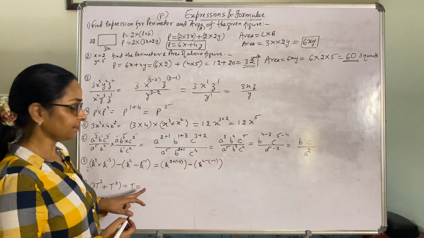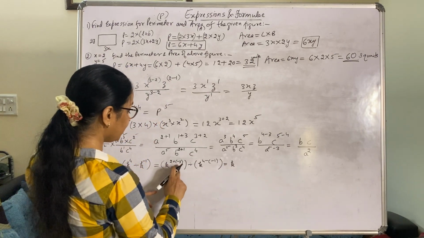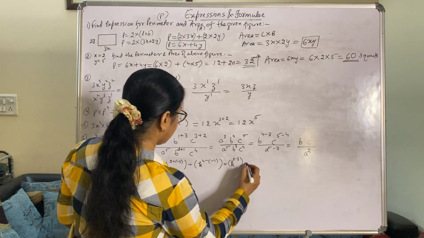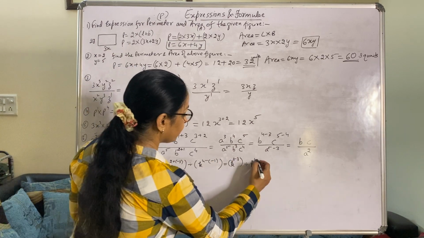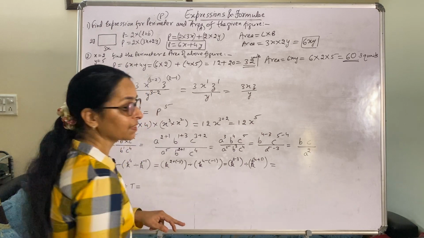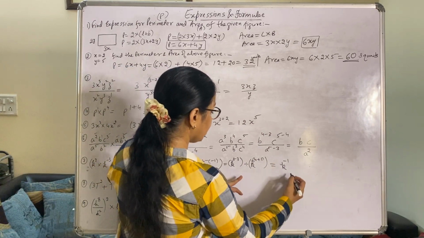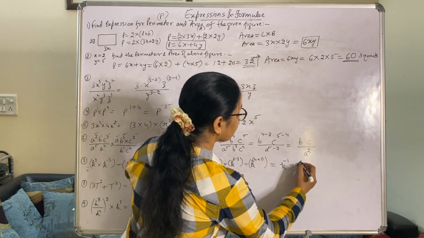Clear? So it would be k raised to the power 2 minus 3 and divided by k raised to the power 4 minus minus, plus 1. Okay, clear? So this is k raised to the power minus 1 divided by k raised to the power 5.